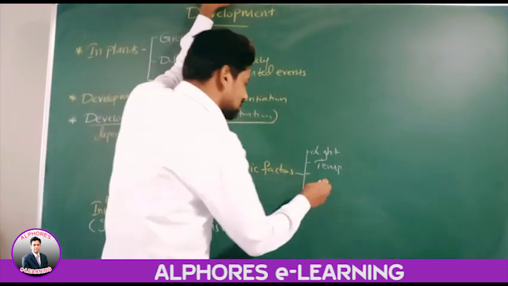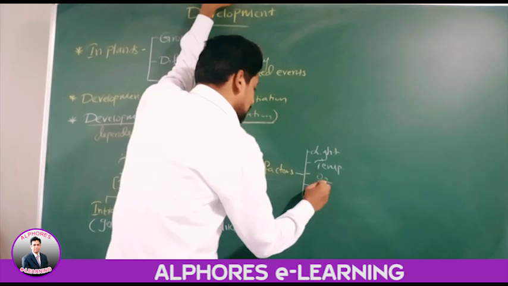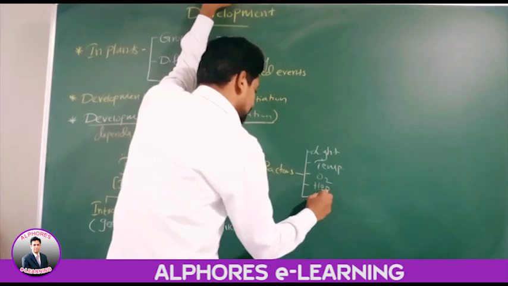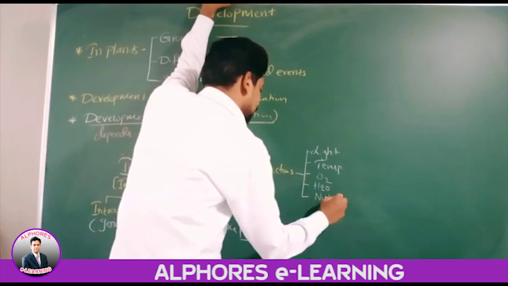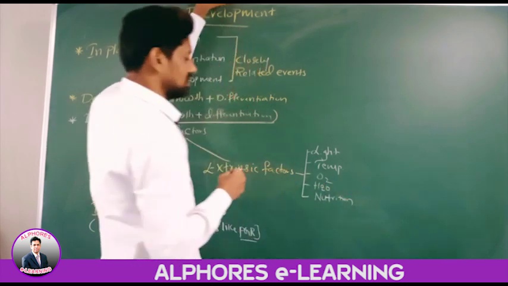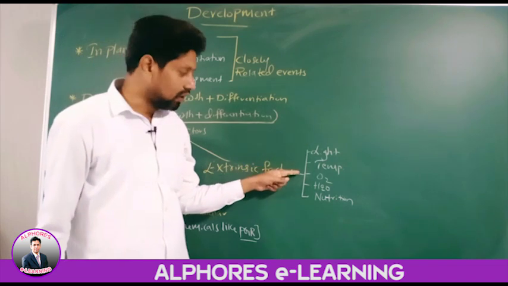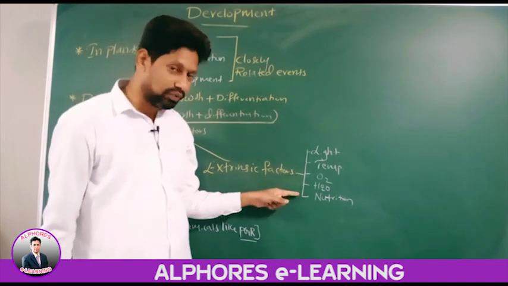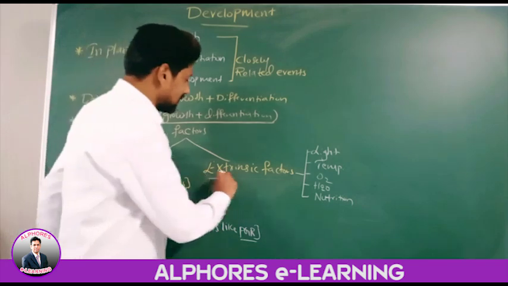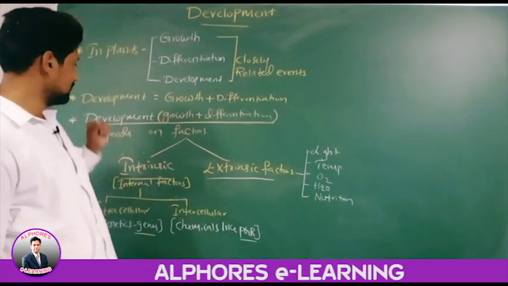Next, number three, oxygen. Number four, water. Next one is nutrition. Therefore, light, temperature, oxygen, water, nutrition. All these are which factors? Extrinsic factors.